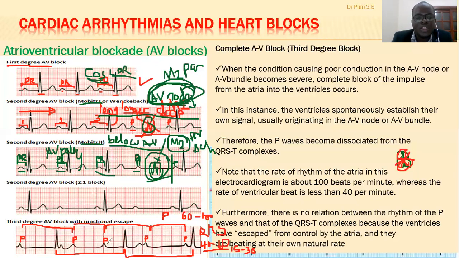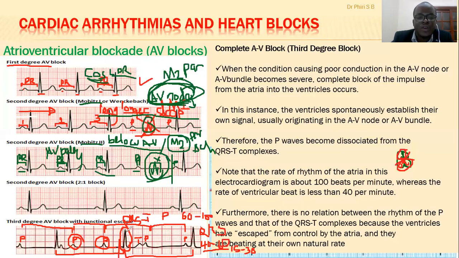So there is no coordination between the P wave and QRS complex. So you can see this P wave is not followed by a QRS complex. Even this one can be followed by a QRS complex, but it's not as a result of the conduction of this P wave because it's not being conducted. So you have the ventricle here that is contracting on its own. Then you can have a T wave here because you're going to have QRST.